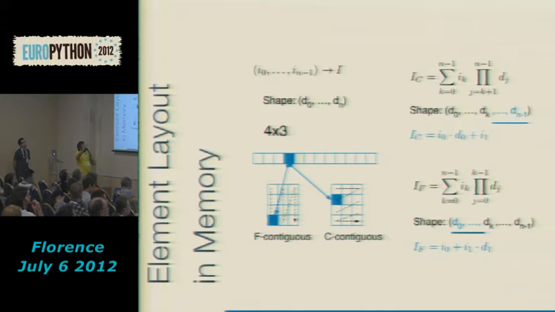And so in this case, we have this quantity that considers the higher strides, the higher elements in the shape tuple, and this considers the lower elements of the shape tuple, okay.